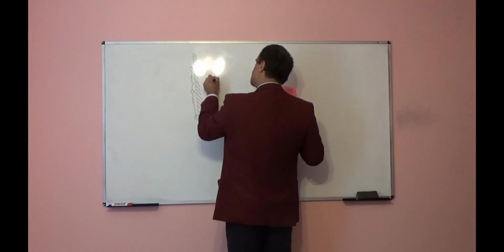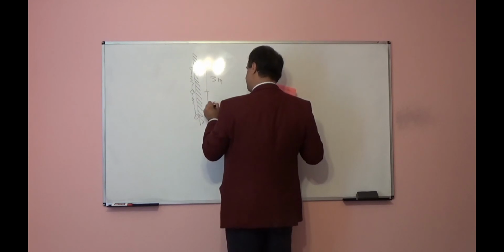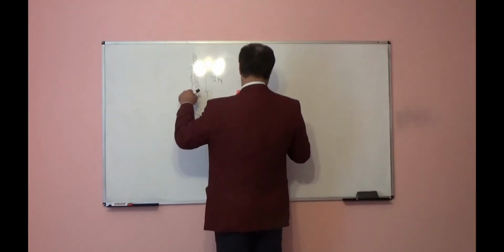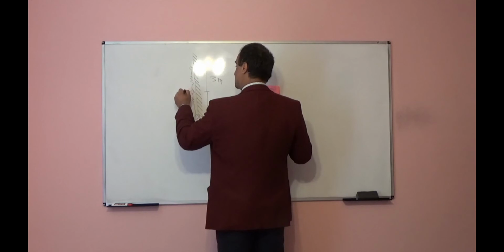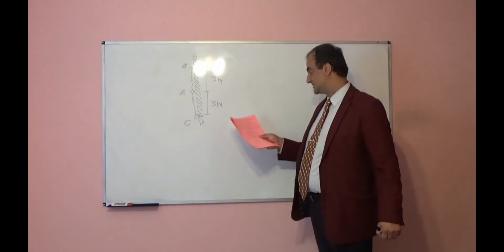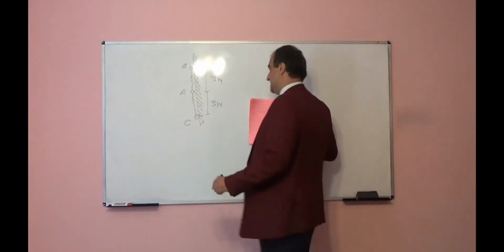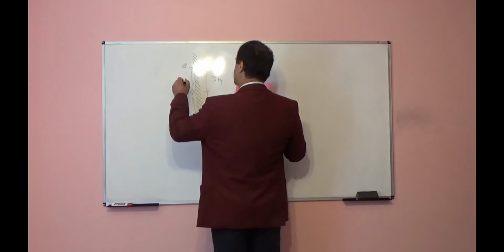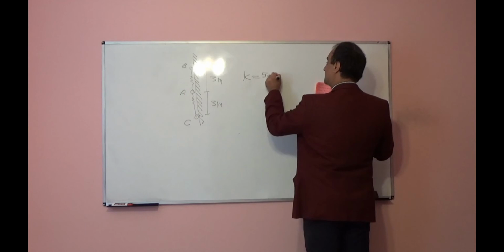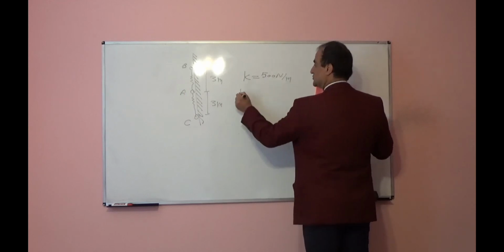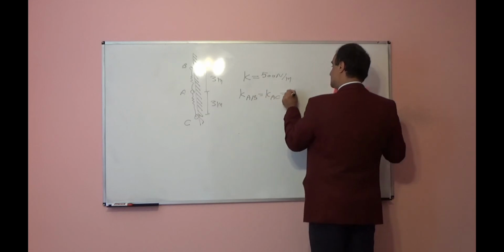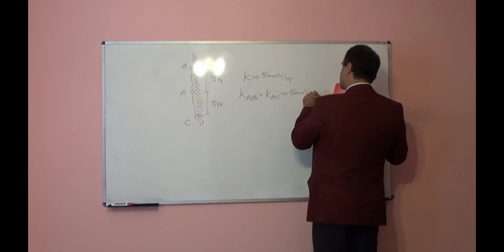So we have spring 1, spring 2, for example points A, B, C. The stiffness of each spring is 500 Newton per meter. So KAB is equal to KAC, that is equal to 500 Newton per meter.